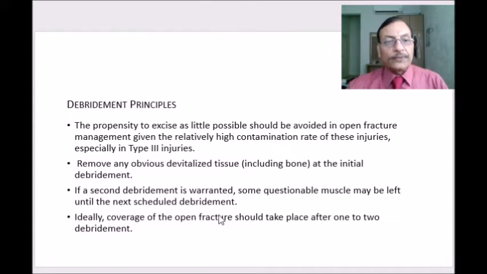So remove any obvious devitalized tissue, including bone, at the initial debridement. If you think a second debridement is warranted, some questionable muscle may be left and its fate will be decided in the next debridement, whether to remove it or it becomes viable.